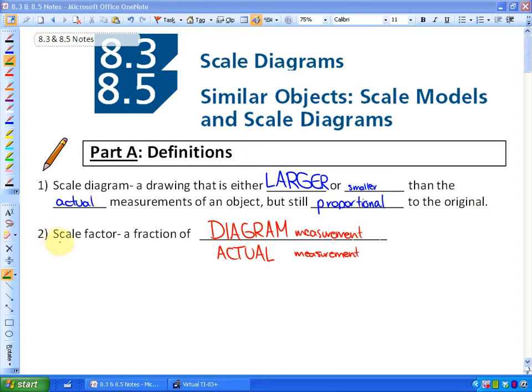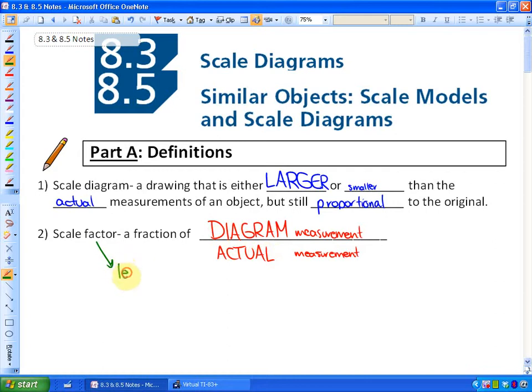How do we determine the scale factor? We get a new number for what that scale factor is. It's a fraction of the diagram measurement over the actual measurement. Something that may be helpful is that if the diagram is smaller than the actual, then your scale factor will be less than 1, because the numerator is smaller than the denominator.